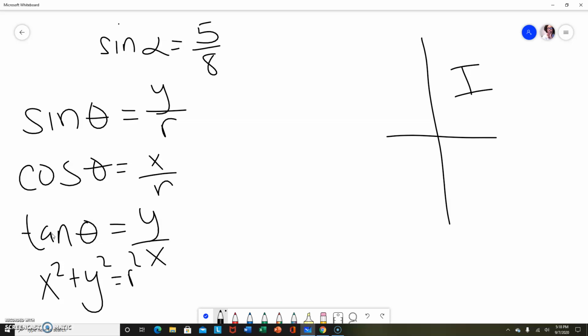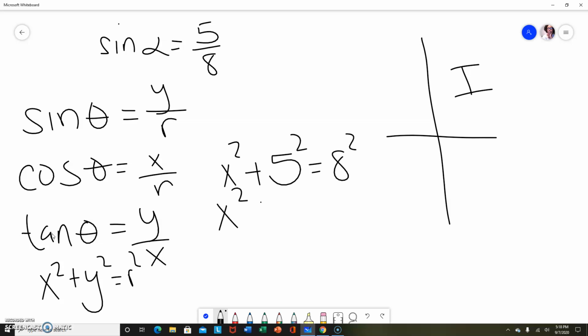And we know that we can find this using the Pythagorean theorem. So if we wanted to find cosine instead, for example, we could do that. We know our y and we know our r. So we have x squared plus 5 squared is equal to 8 squared.